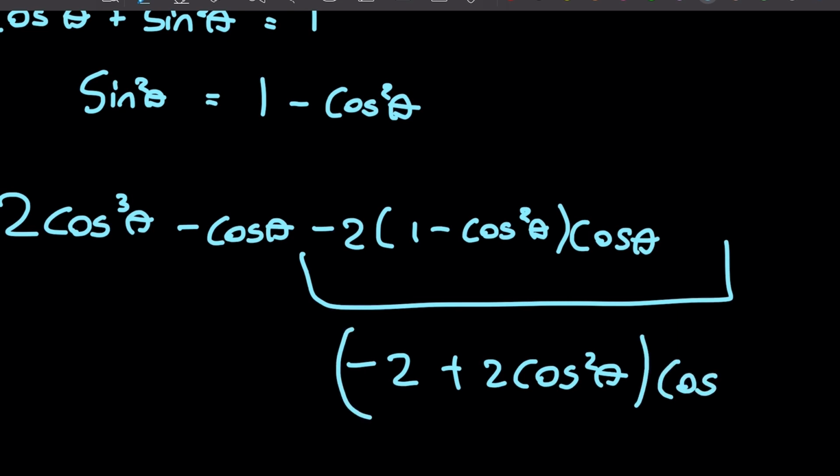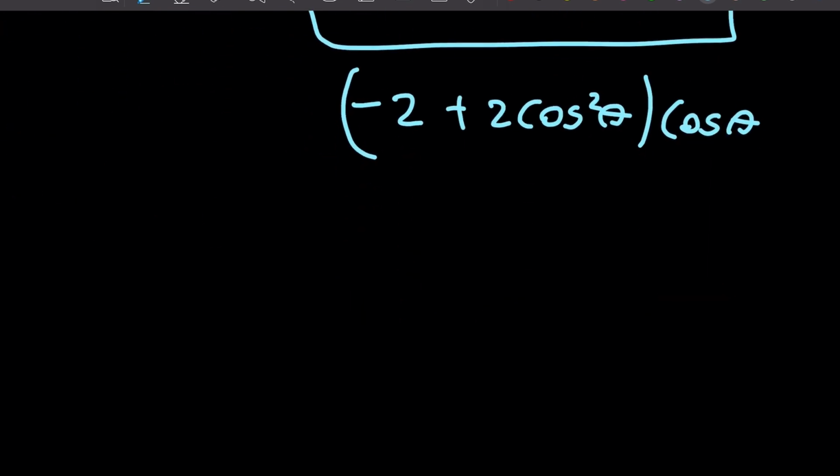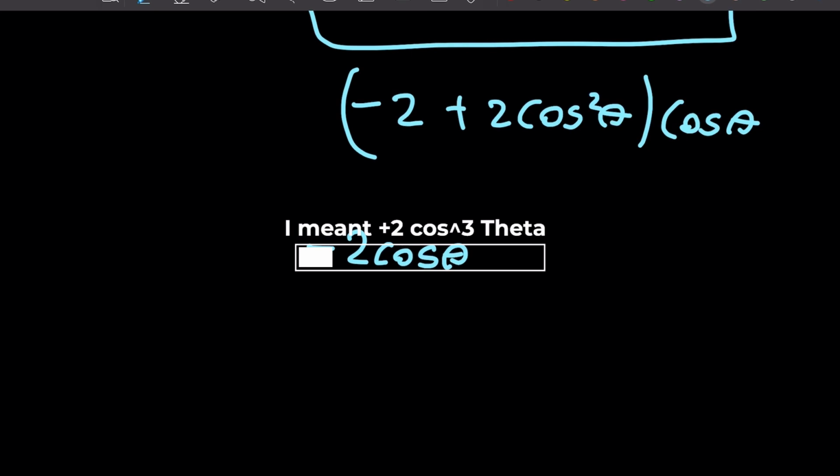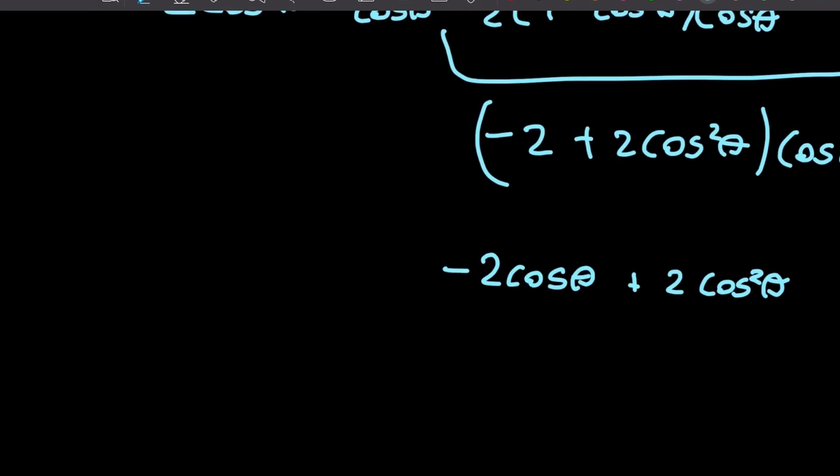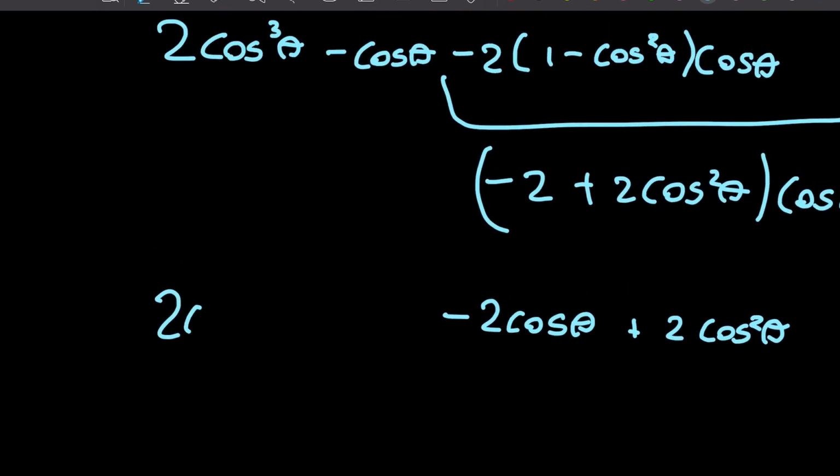So if we expand this further, because we're still multiplying, we'll have minus 2 cos theta plus 2 cos squared theta. And what we had before was 2 cos cubed theta minus cos theta minus 2 cos theta plus 2 cos squared theta.